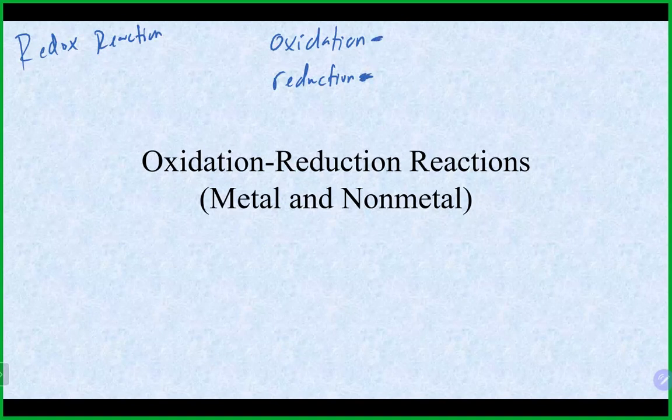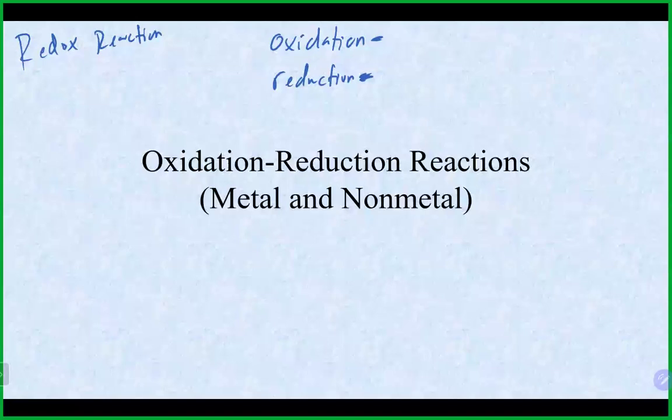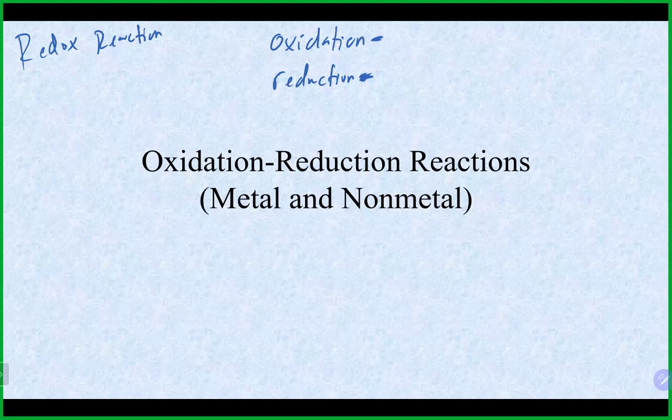So they always happen together, which means, as we'll talk about, if you can correctly identify at least one of those things, what is being oxidized or what is being reduced, by default, the opposite guy is doing the opposite thing. If you identify at least one of them, you can identify what's happening in the other.